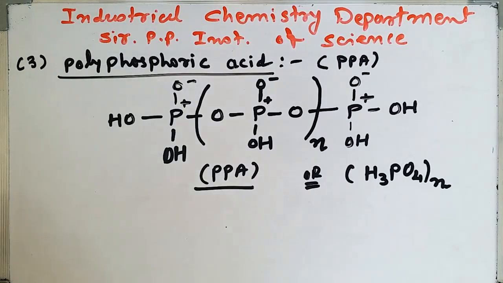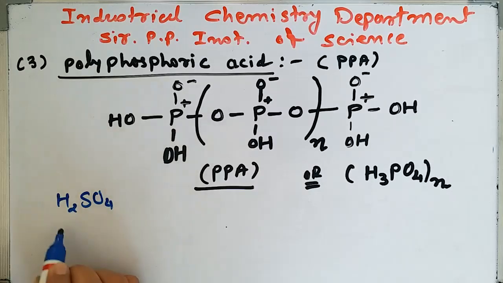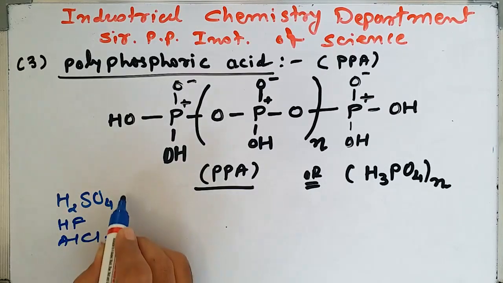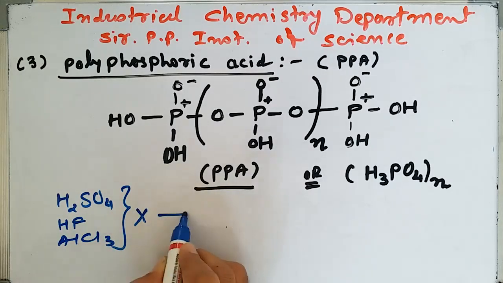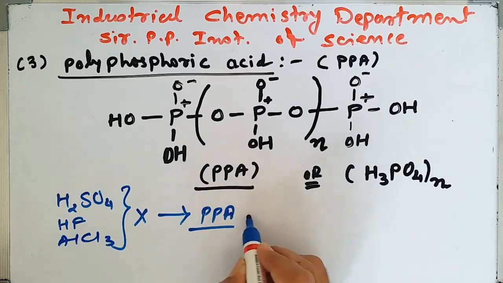In cyclodehydration, where H2SO4, HF and AlCl3 fail and are not used, polyphosphoric acid is used.